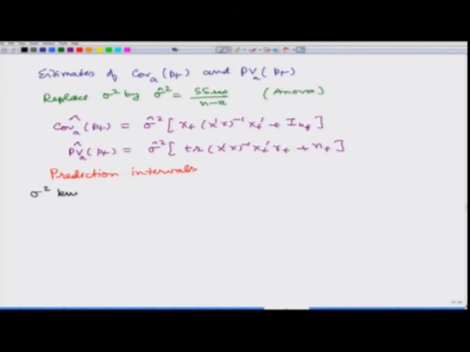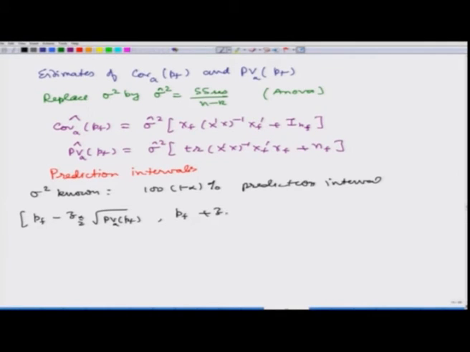One is when sigma square is known, and in this case the 100(1 minus alpha) percent prediction interval is obtained as PF minus Z alpha by 2 times the square root of the predictive variance of PF when it is used for actual value, and PF plus Z alpha by 2 times the square root of the predictive variance of PF when it is used for actual value, where the values of Z alpha by 2 are obtained from the tables of normal 0 1 probabilities.